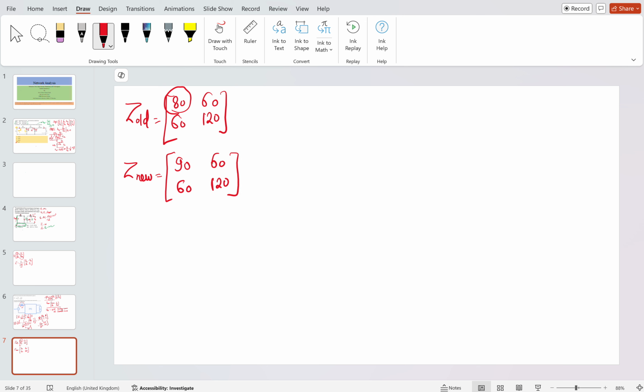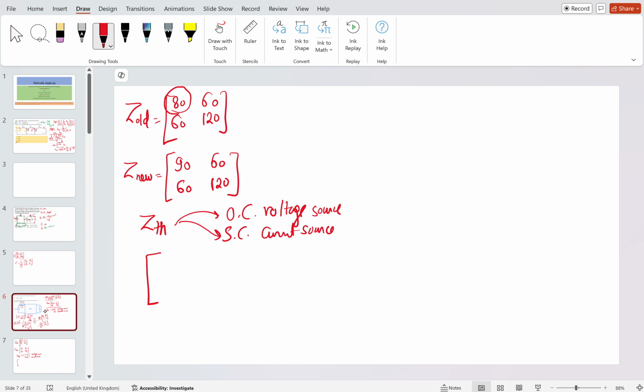For finding the ZTH, as I have told, you just have to open circuit the current source and short circuit the voltage source. If there is no current source, then leave it. If it is a voltage source, then you have to short circuit it.